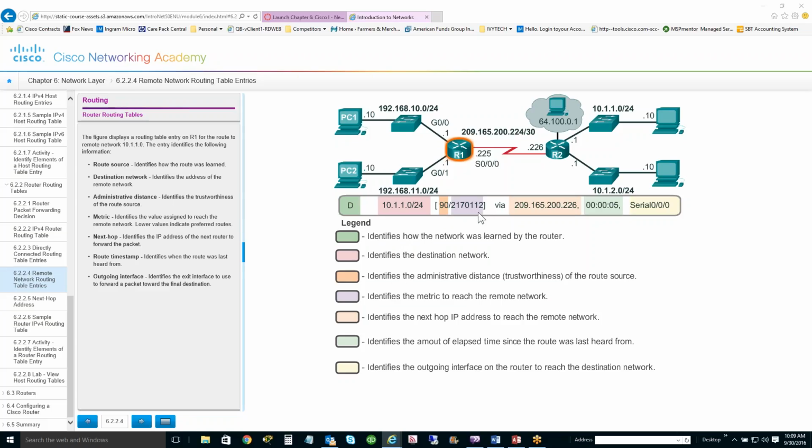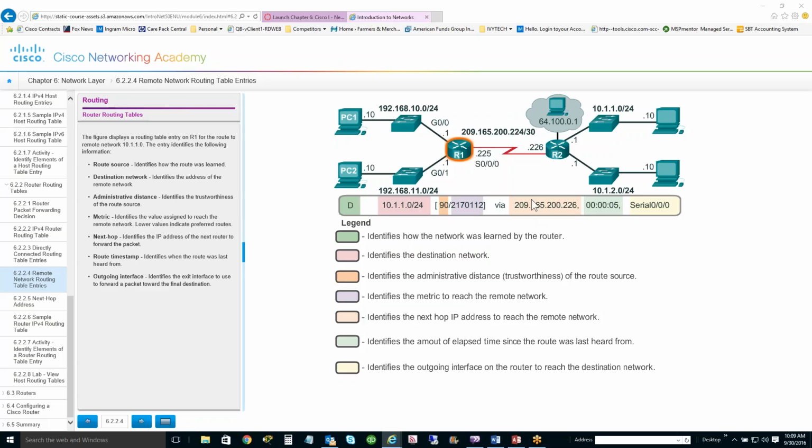The 2170/1 identifies the metric to reach the remote host. So what this is all leading to is that if you've got static routes and multiple dynamic routing protocols configured on a router, you could have 3 different routing entries for the same destination network. So how does the router decide? Well, that's where the administrative distance and the metrics come into play.